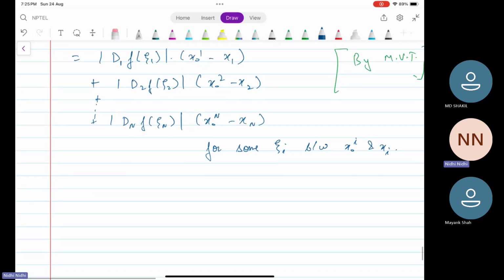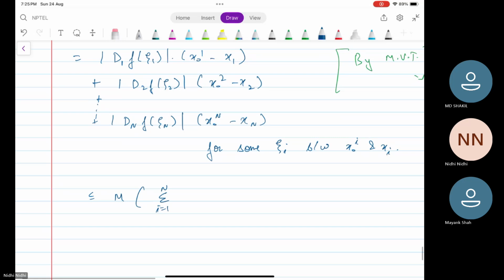Now, since all the partial derivatives are bounded, I can write it to be less than or equal to M times the summation i from 1 to n of modulus x naught i minus xi, which goes to 0 when x goes to x naught.